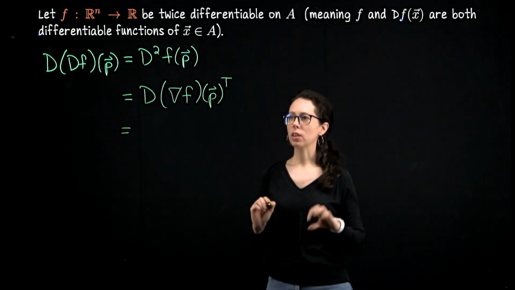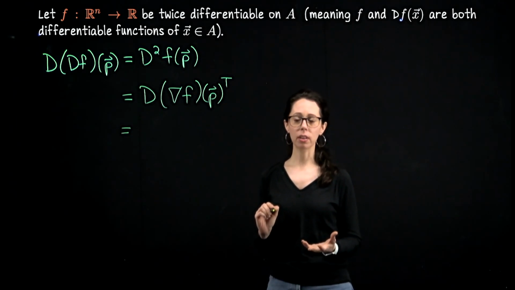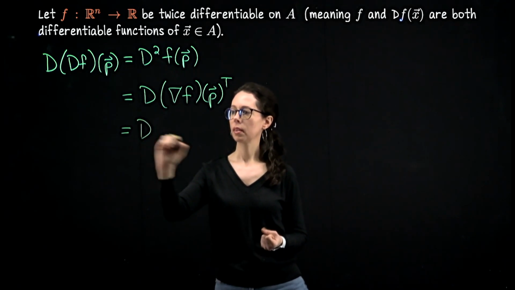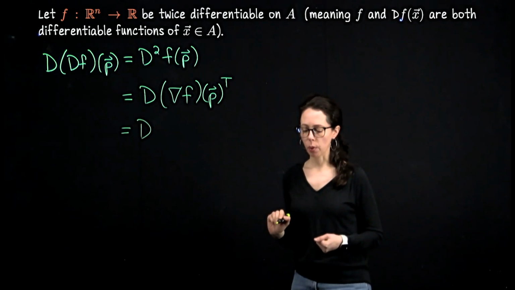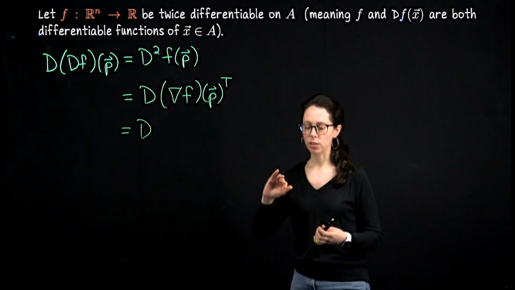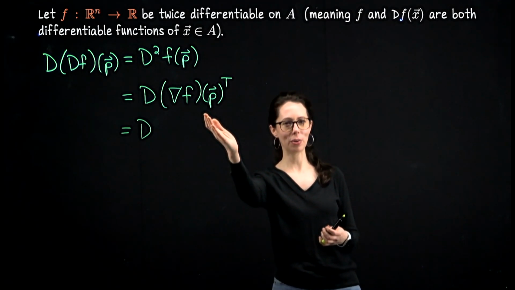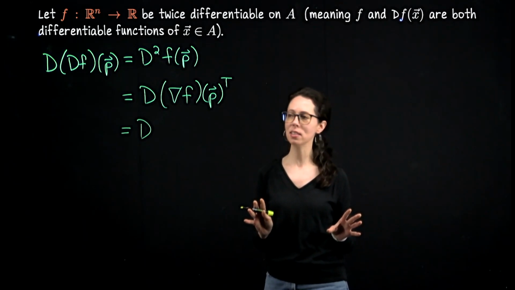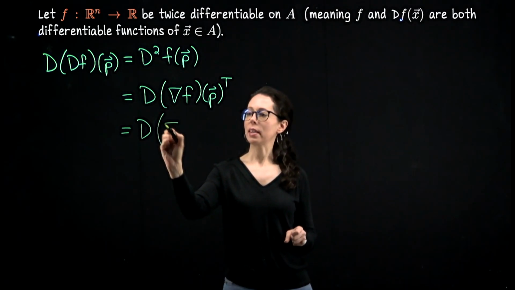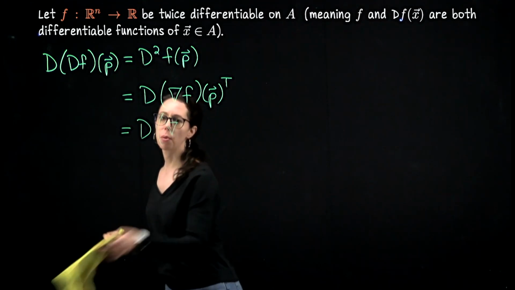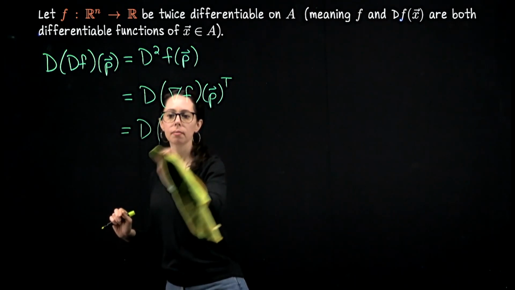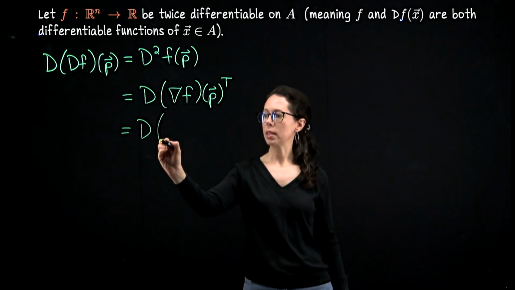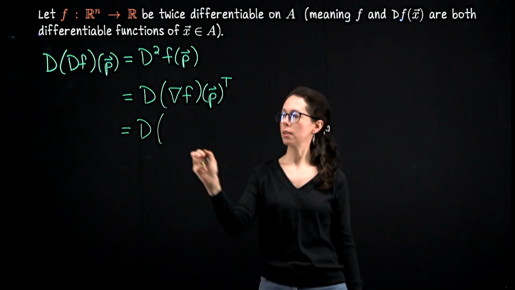So what does the gradient of f at p look like? Maybe I should be careful here because I want to make sure that I don't plug in specific values before I've done the active differentiation, because you don't want to say you're differentiating constants. So let me say that this is the gradient of f, which I'm about to write down in coordinates. And we'll save the evaluation at p for the very end.